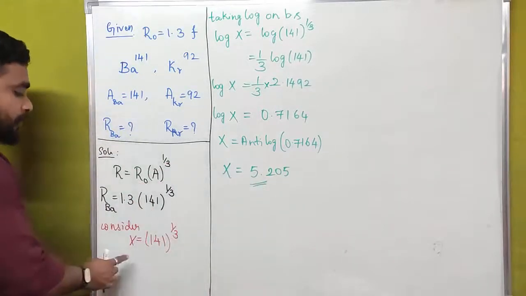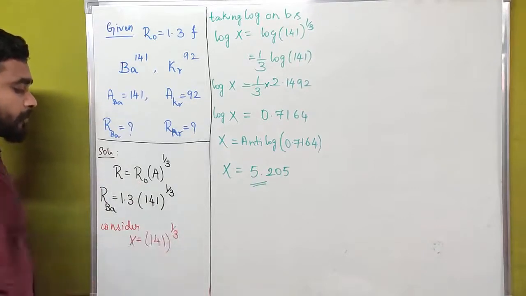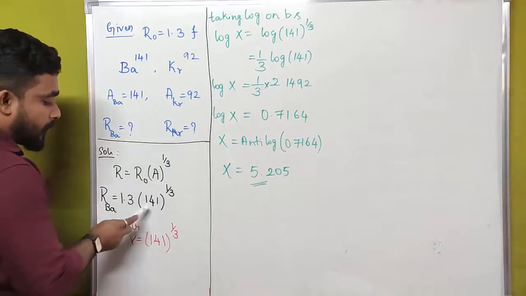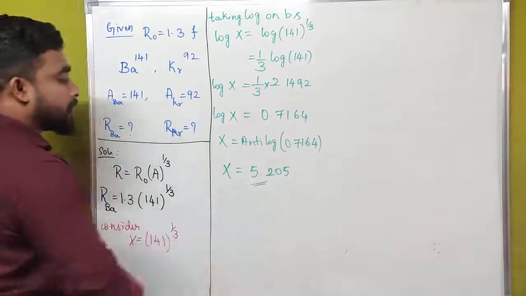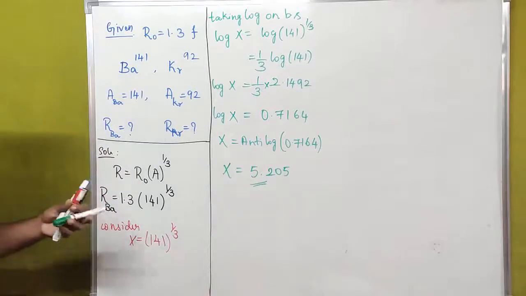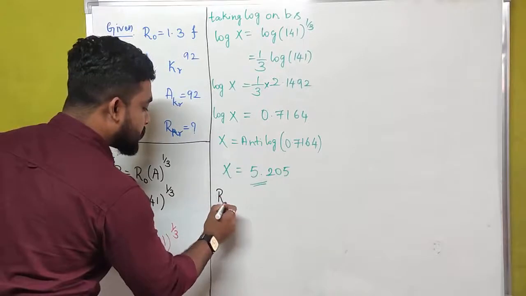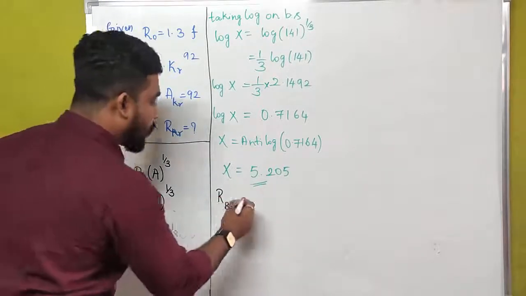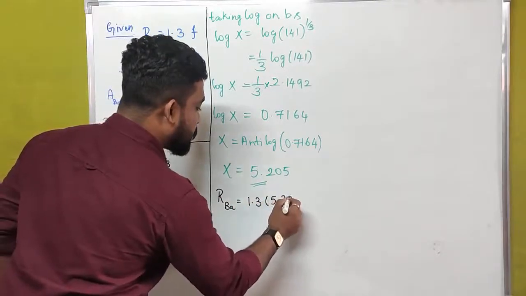Here what we have got is x is equal to 5.205. Initially what we assumed is x is equal to 141 to the power of 1 divided by 3. If we substitute the value of 141 to the power of 1 divided by 3 as 5.205, what we will get here is radius of barium is equal to 1.3 into 5.205.